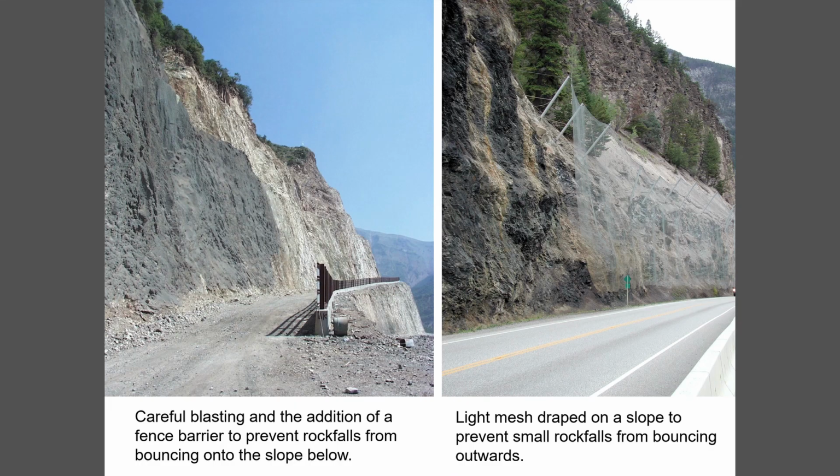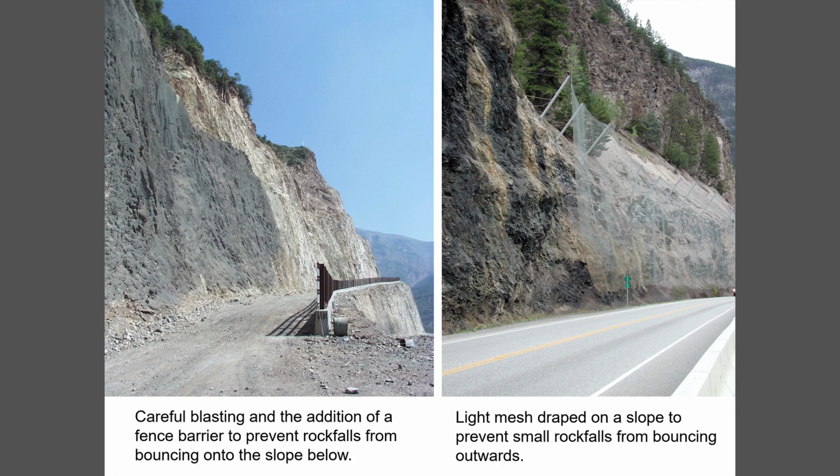And this is in British Columbia through the Rockies, and it's a very light mesh, but it's been placed in such a way that it's designed to simply kill the horizontal velocity of a boulder rolling down. Small boulders, obviously, it wouldn't withstand a large rockfall, but it's got a sort of funnel at the top that would catch the boulder, and then the mesh would simply keep it close to the slope and drop it into the ditch.